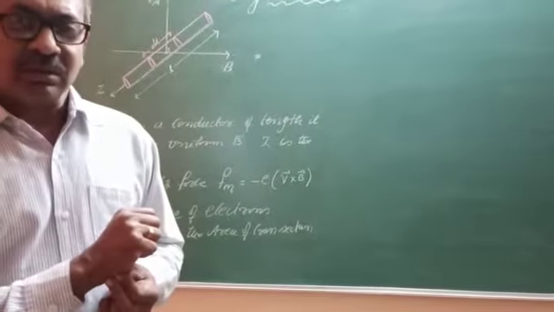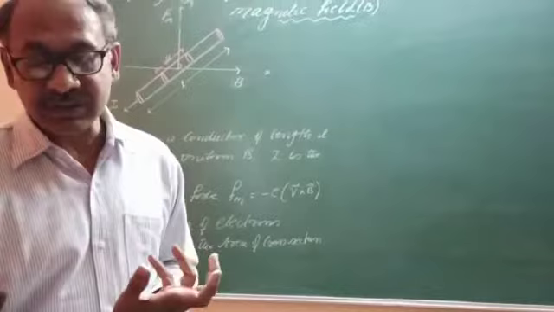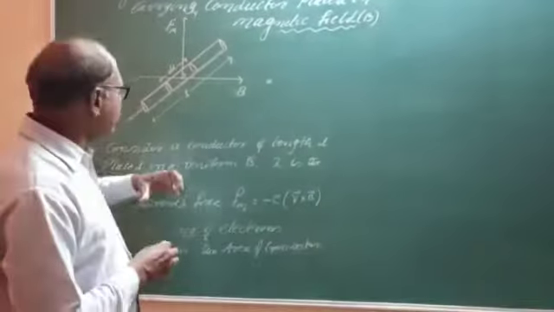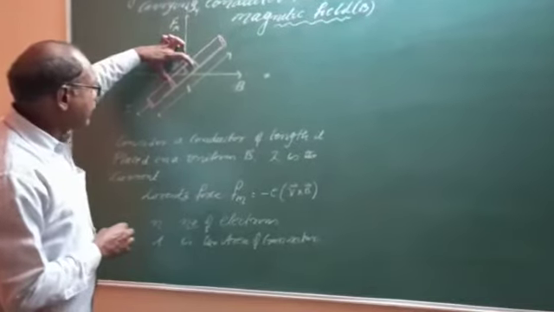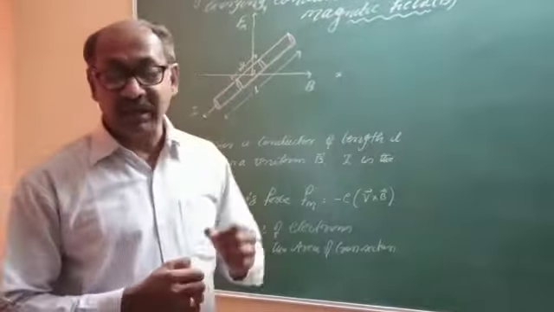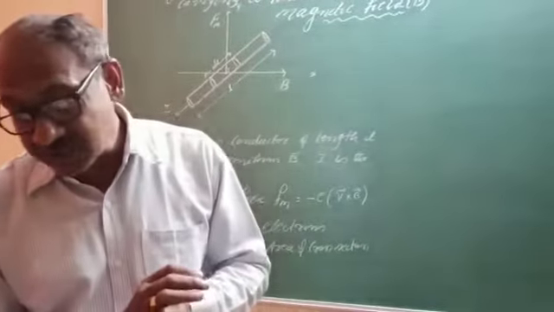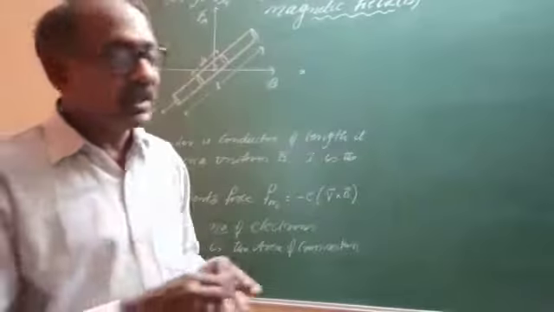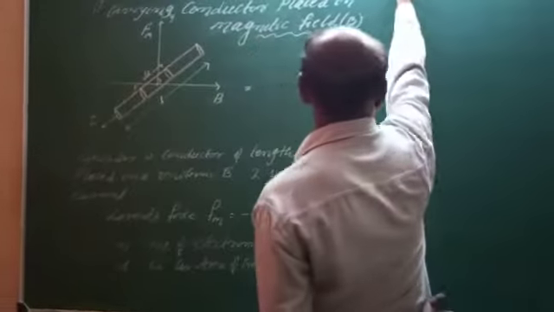Now, how many electrons are present over here? Let us consider a small length that is termed as dl. dl is a small element of length.